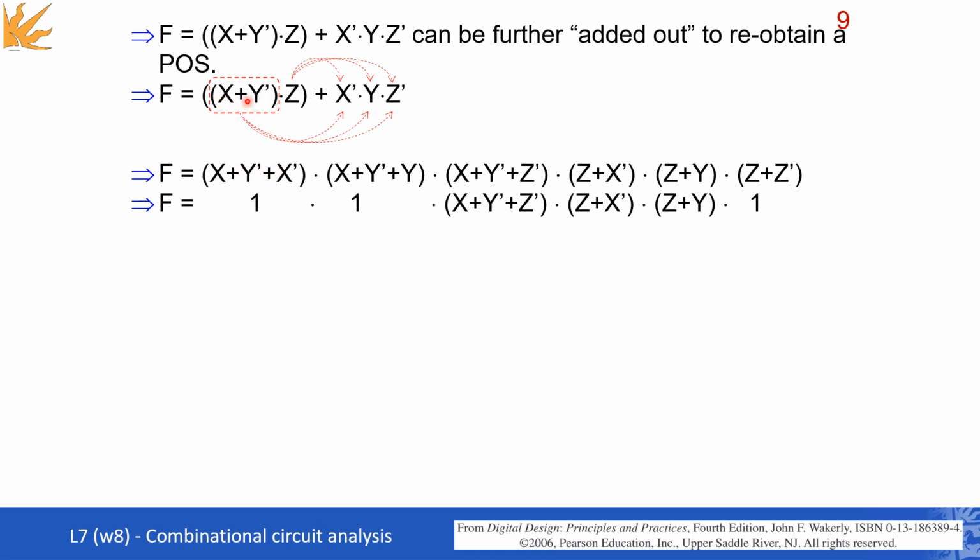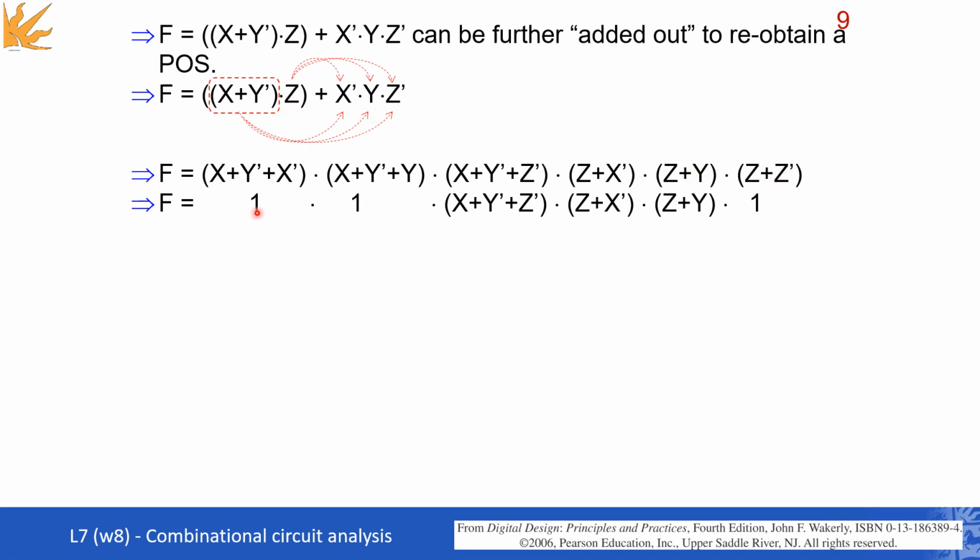The second, adding out between this and y, you get this term over here, times the third adding that you do between this couple over here and z dash, and so forth. You do the same thing for z, with x dash, z with y, and z with z dash.